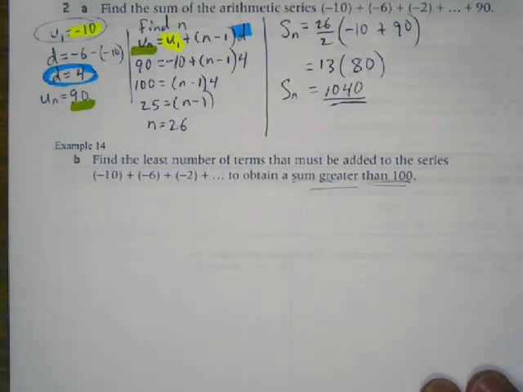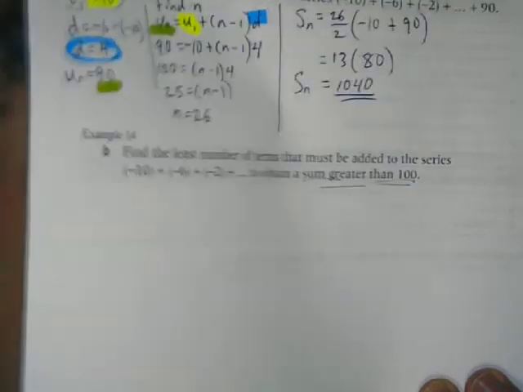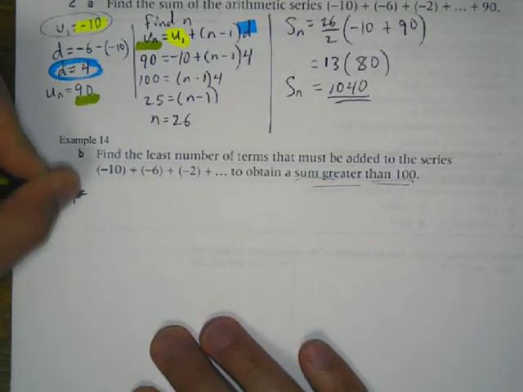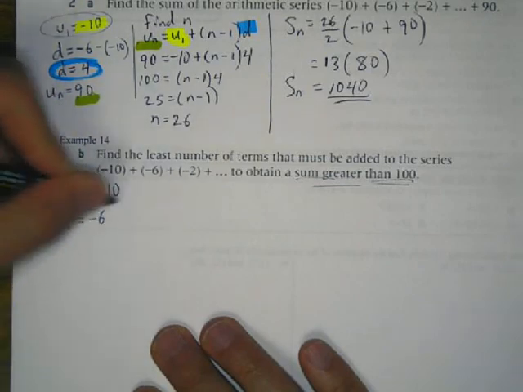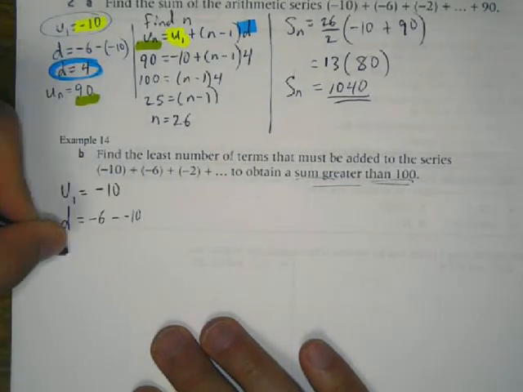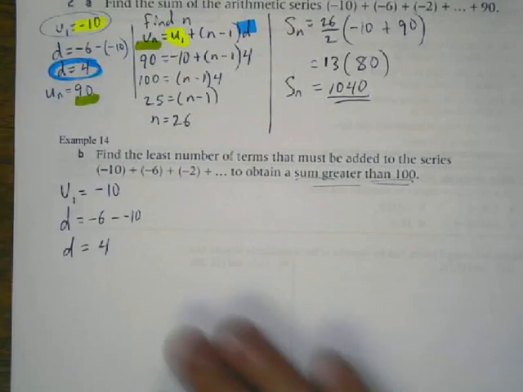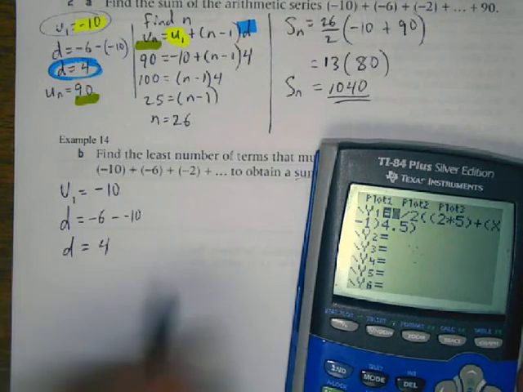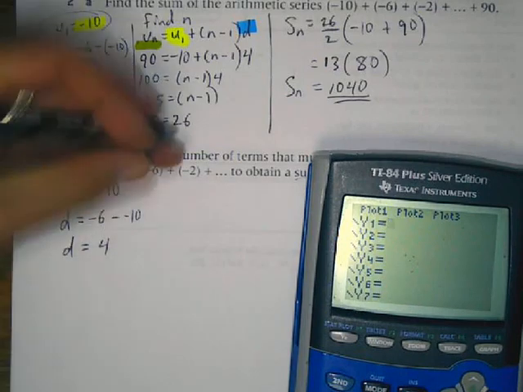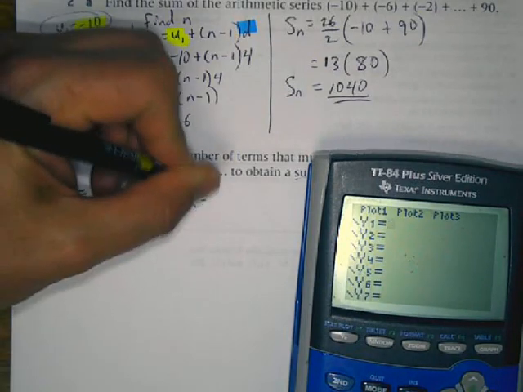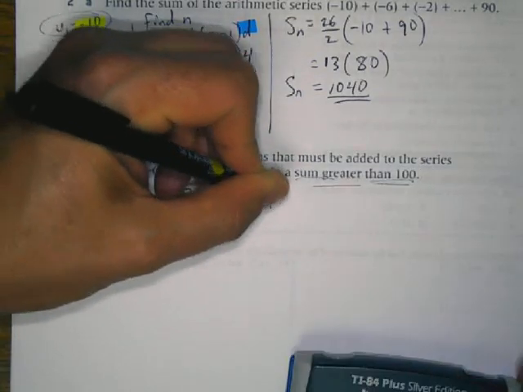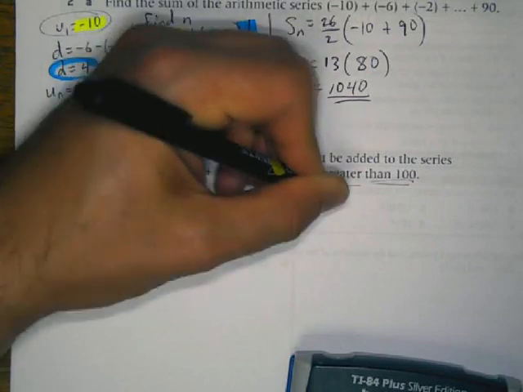So before getting started, u subscript 1 equals negative 10, and d is equal to negative 6 minus negative 10. So we've got a d value of 4. Okay, let's plug this equation into our calculator as it is. So we know the sum of the numbers is n over 2 times 2 u1 plus n minus 1 d.